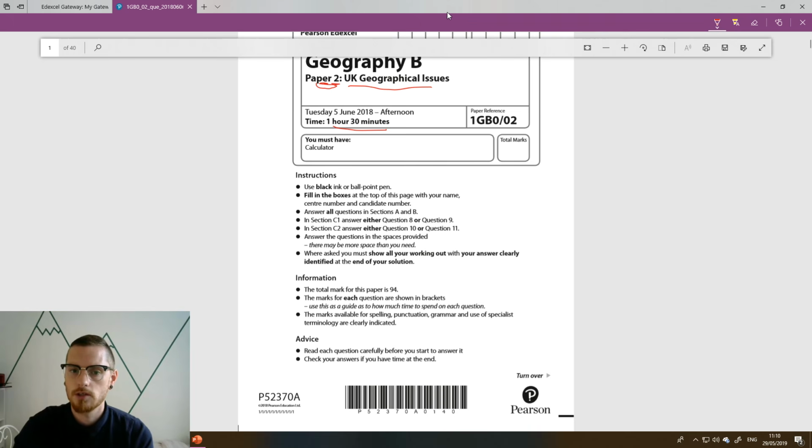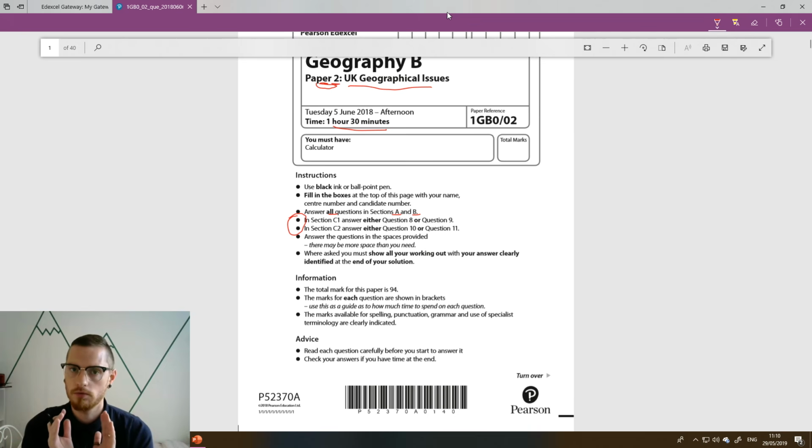I would always say to you that you should always read the information on the front of any exam. So first off, we can see that it's telling you that you need to answer all the questions in sections A and B, so there's no choice within A and B. But, and this is super important, as students will have got this wrong on their mocks, there is a choice in section C. You've got C1, and C1 is all about physical fieldwork.